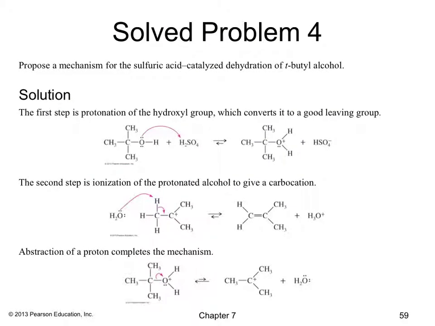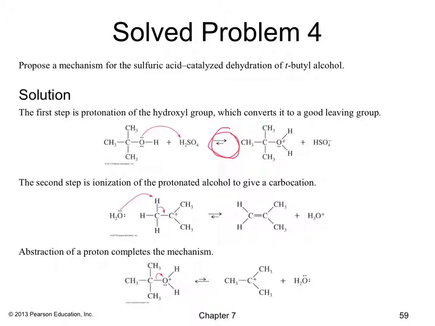So here's another problem. Propose a mechanism for the sulfuric acid catalyzed dehydration of t-butyl alcohol. The first step is protonation of this OH to generate the protonated OH shown here. Again, you have equilibrium arrows. I just want to note that. The second step is ionization, and now you have the water come in, oh sorry, not the water come in, the water come out.